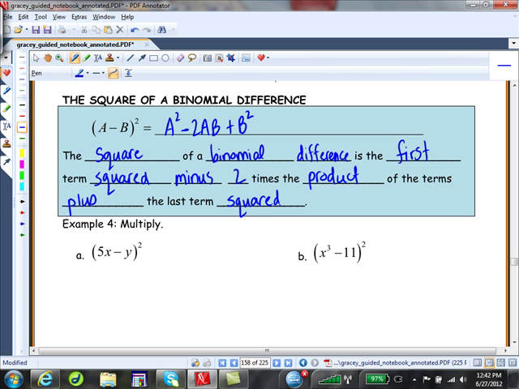Okay? So here, these are the A's and these are the B's.